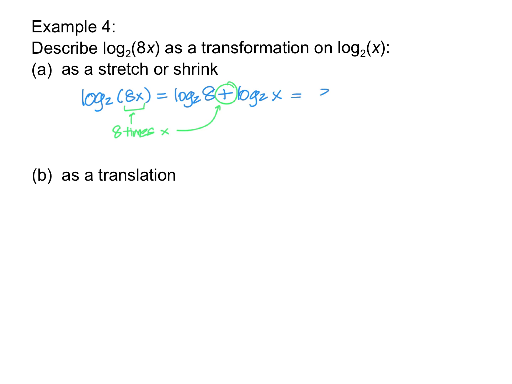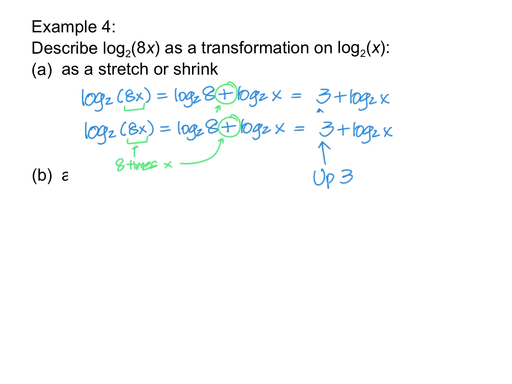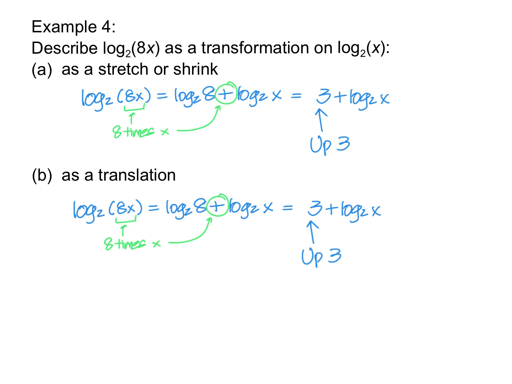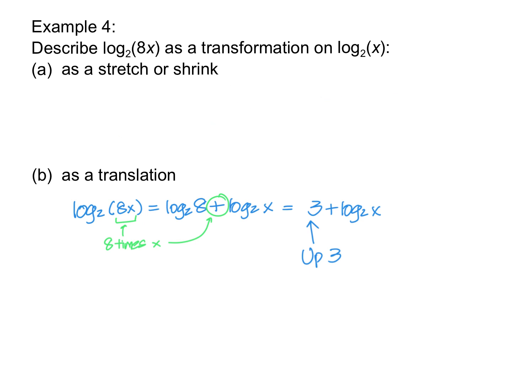And so then this is 3 plus log base 2 of x. And this 3 means up 3. So what I just did is supposed to be down here in part B. So I'm going to now erase over here, because if it's up 3, that's a translation. So we have translation over here, okay?